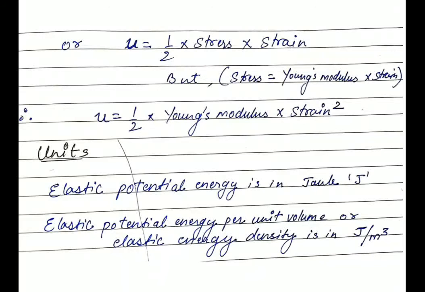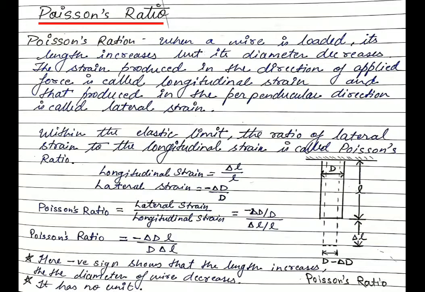Okay students, let us move to the next topic. Our next topic is Poisson's ratio. It is a very easy topic students, so let us see what it is. When a wire is loaded, its length increases, but what happens? The diameter decreases.